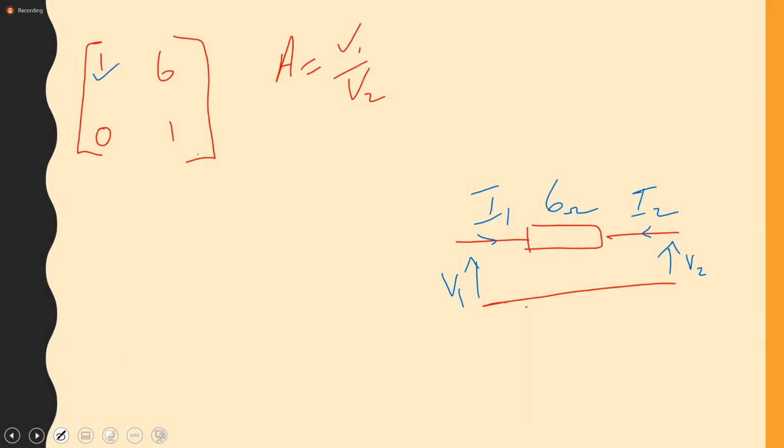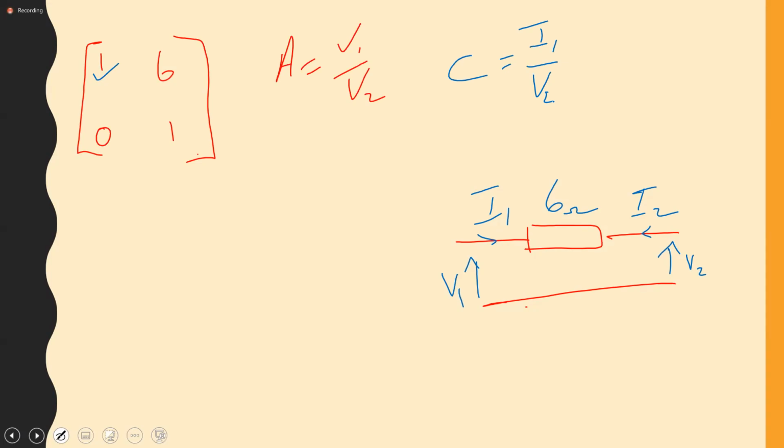For C. C is equal to I1 over V2. Now what is I1 equal to from this circuit? Minus I2?